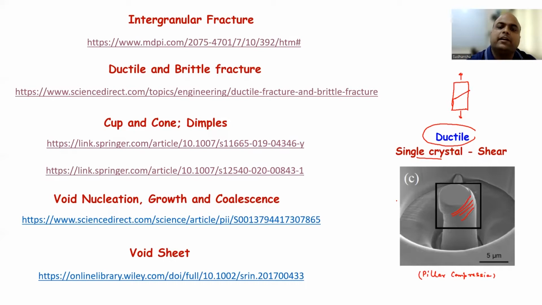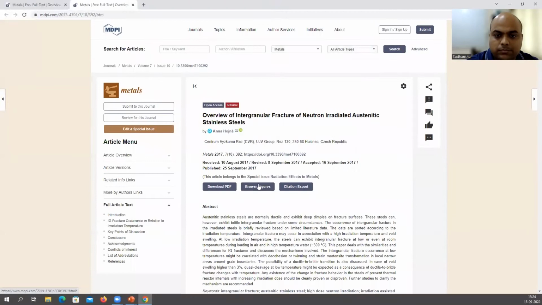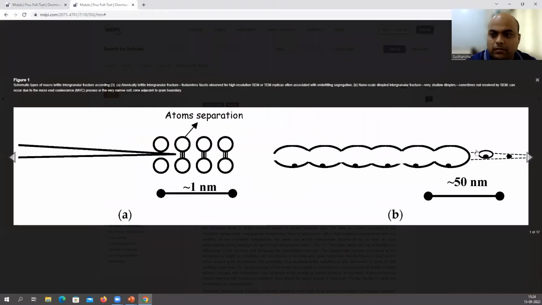So what I have done, I have different links here, and these links will take us to the online papers where I will be showing you all the microstructures or micrographs. Okay. The first one is about fracture mechanisms.